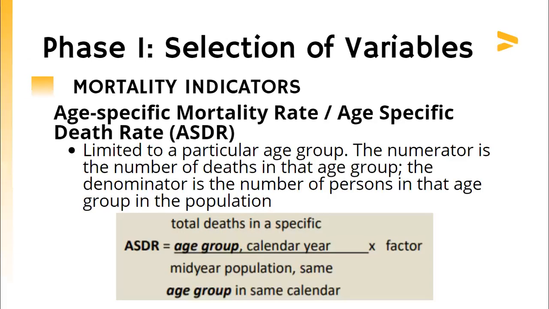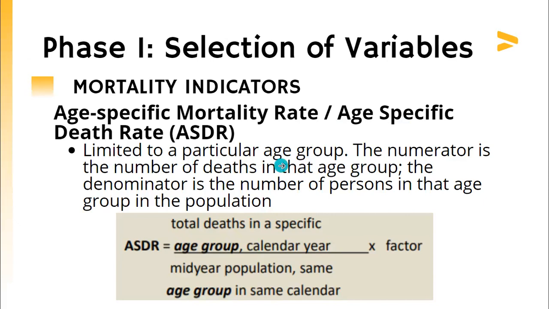Next, we have what we call the age-specific mortality rate or age-specific death rate, or ASDR. So why do we call it age-specific? Because this is limited to a particular age group.